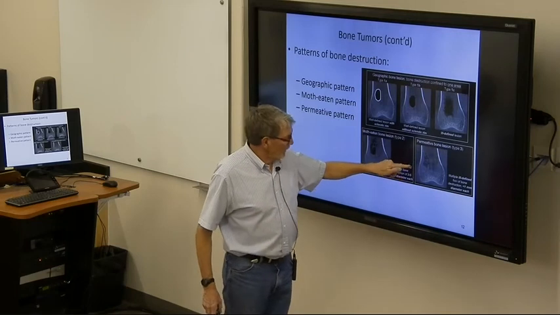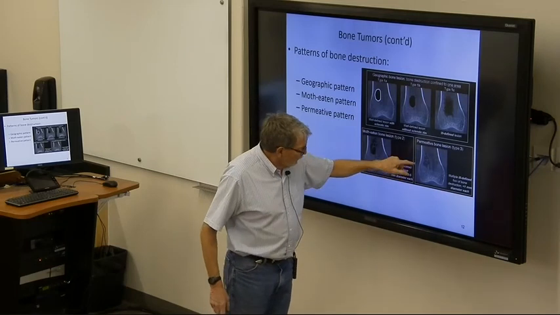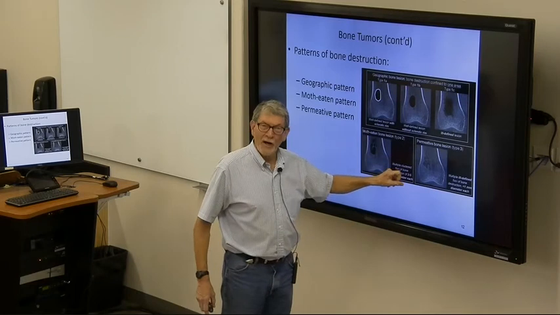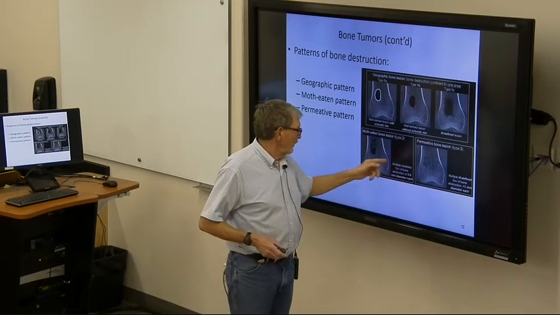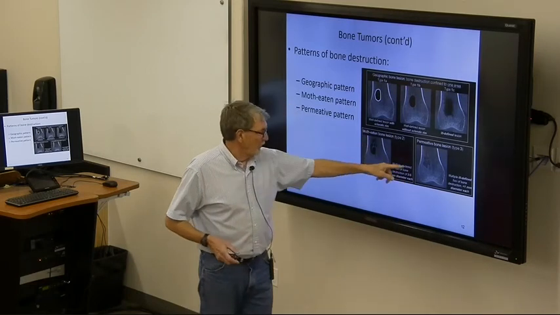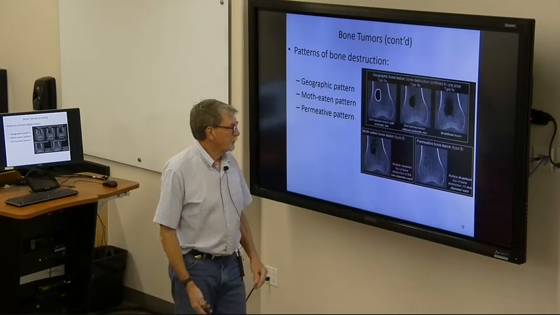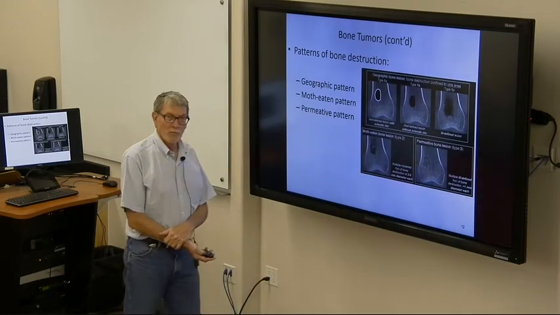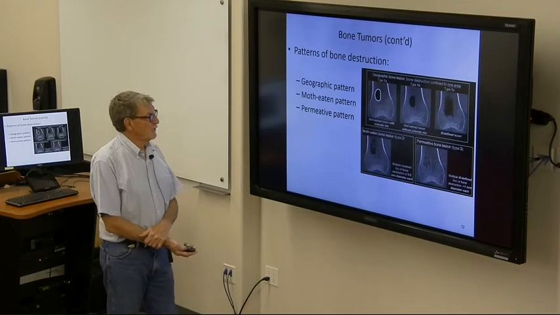Permeative bone lesion looks kind of like moth-eaten, but it's more diffuse and less defined, and it's not distinct like this. Small pock marks.